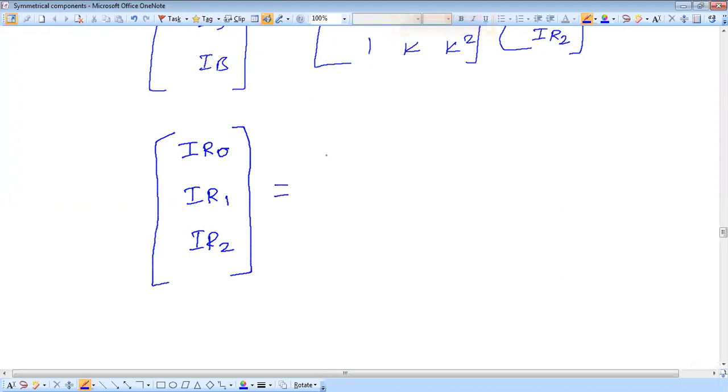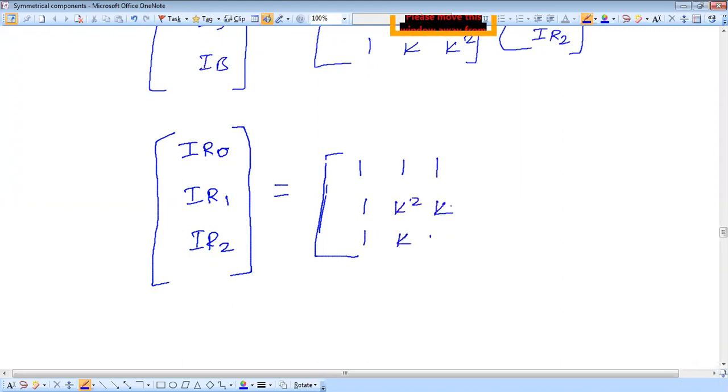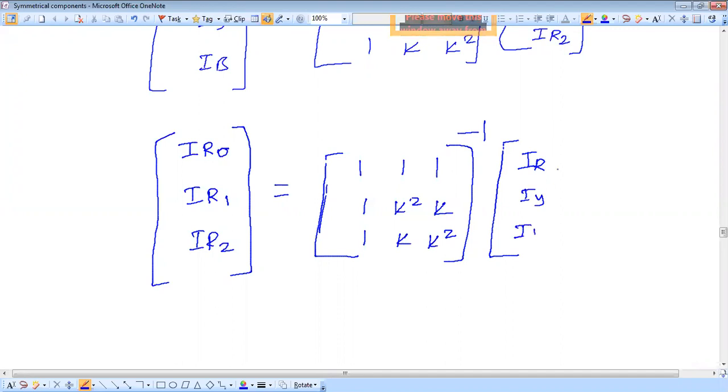This matrix goes to that side, so we will get the whole inverse: 1, 1, 1, 1, K square, K, 1, K, K square, whole inverse, times the remaining terms IR, IY, IB.